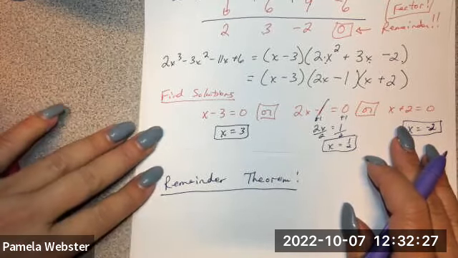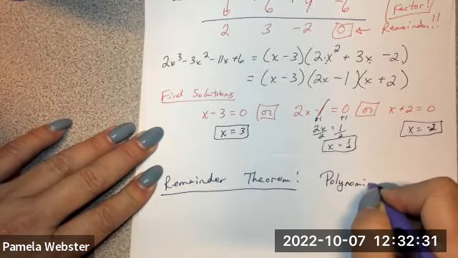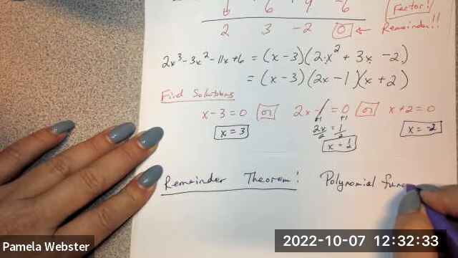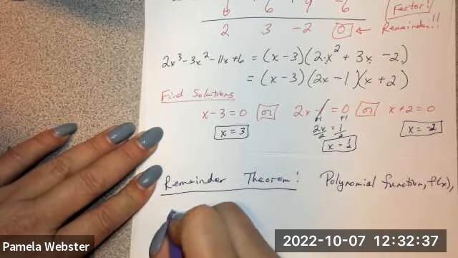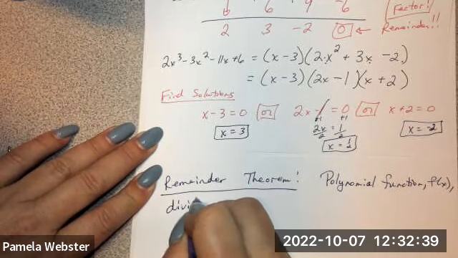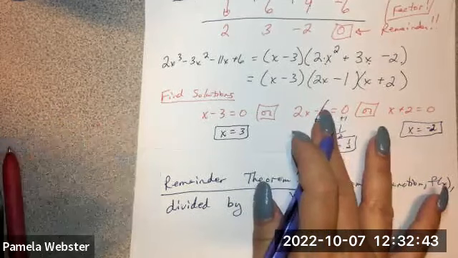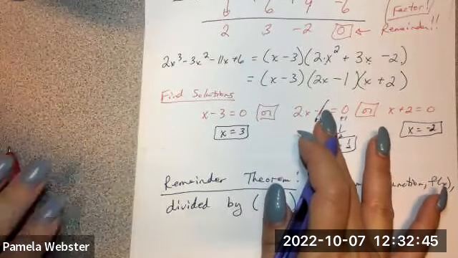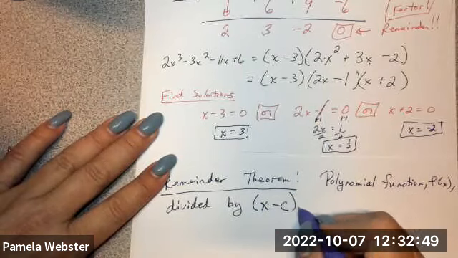okay? So let's say we have a polynomial function. We'll call it f of x, divided by, and they always write it kind of like a factor where we don't know what the number is in here, but let's say x minus c, okay?